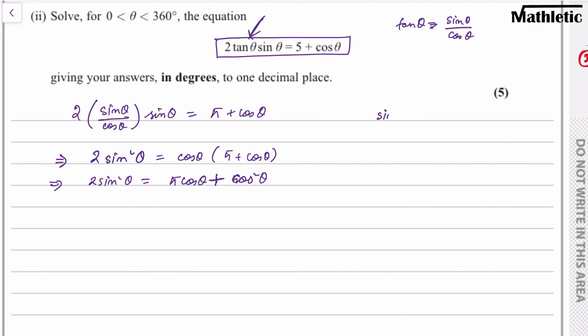So we know this formula, sine square theta plus cos square theta is 1. So from here you can find the value of sine square theta, which is 1 minus cos square theta. So I will be replacing that here. So it's 1 minus cos square theta.